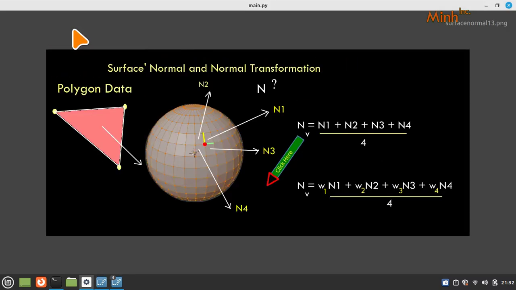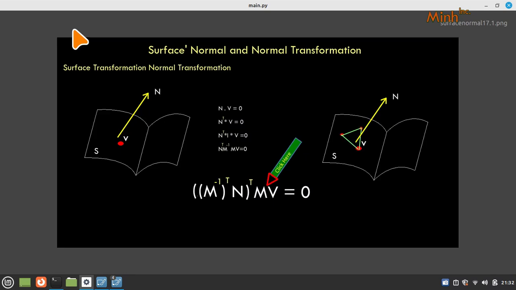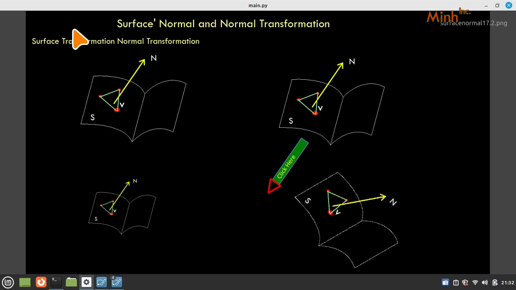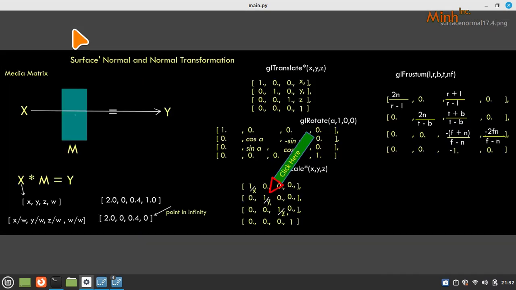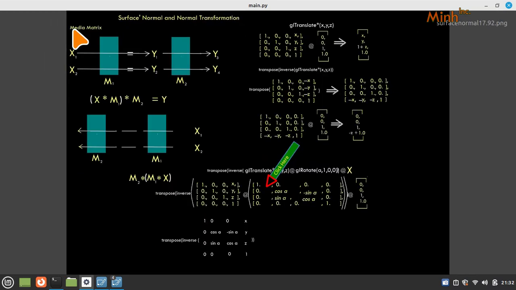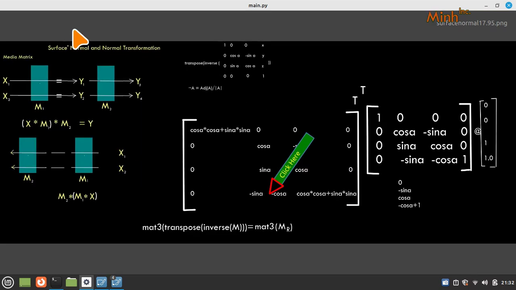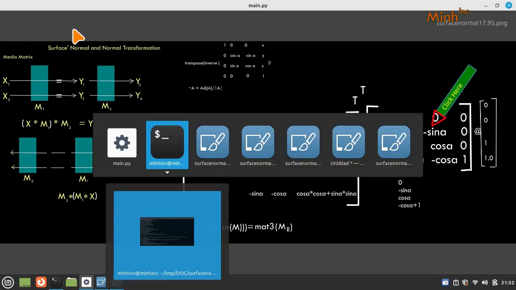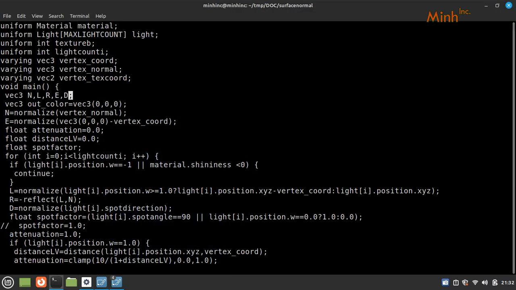The conclusion is that whatever we have done to show this is not required. If I do transpose and inverse and transpose to find the transformation of the normal, it is not required. Whatever transformation we are doing on the vertex, we just have to take out the top three. That's it. This is what we are doing in our vertex shader.